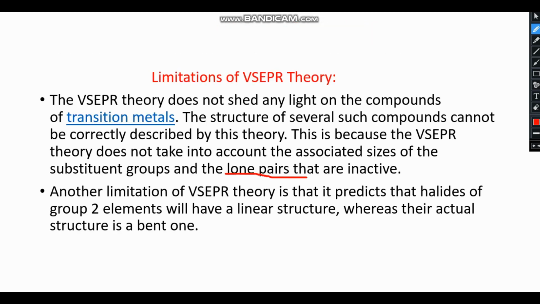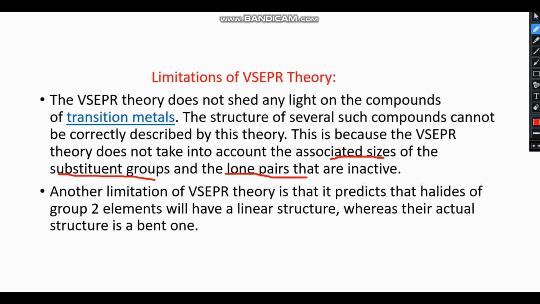The second limitation of this theory is that it fails to explain fully the shapes of compounds formed with metals that are transition metals. Now, this is because of two factors. The first one is this theory does not take into account the associated sizes of subsequent groups.